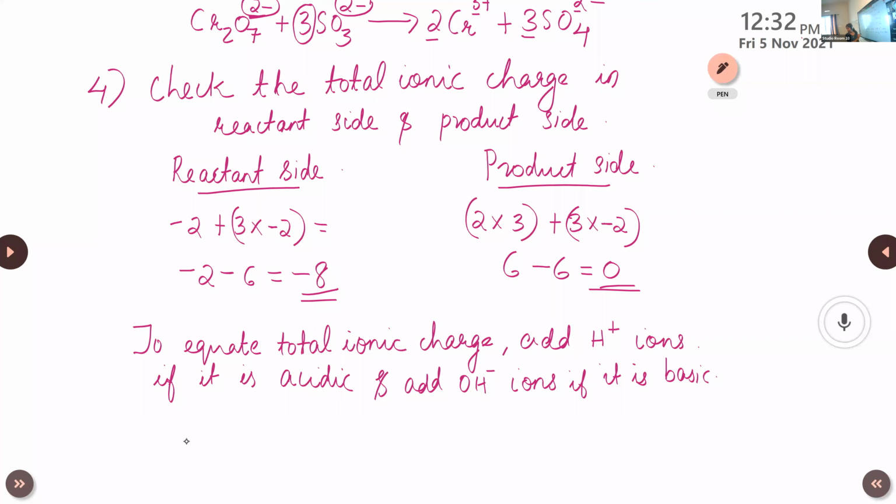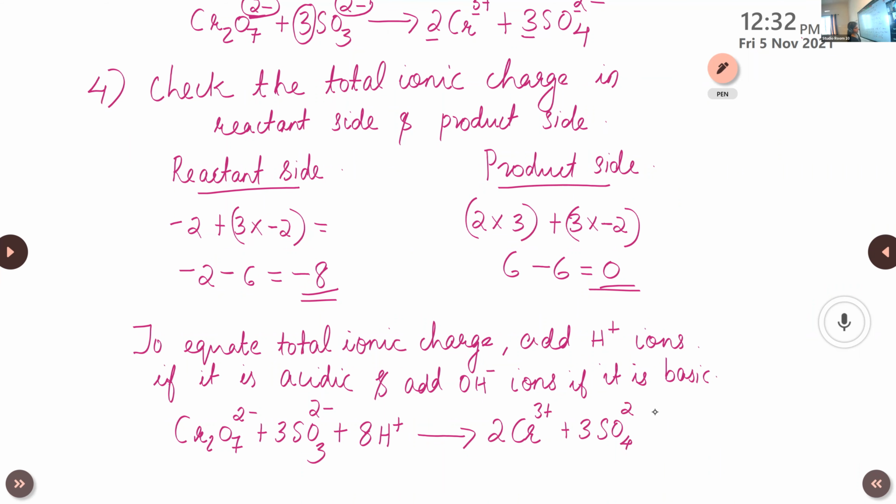So the equation: Cr2O7 2 minus plus 3SO3 2 minus plus 8H plus. Okay, 8H plus. Here minus 8, that is minus charge is more, so to make it neutral, we will add 8H plus. Okay, that will give 2Cr3 plus, 3SO4 2 minus.